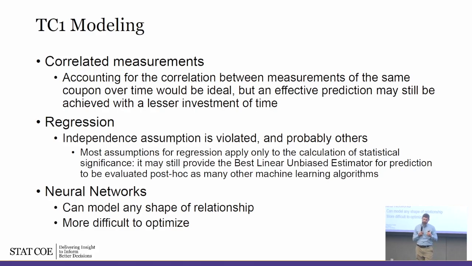However, we were on a bit of a tight time schedule, and we also had test case 3 coming later to verify anything that we thought we saw in test case 1. Also, most of the assumptions for regression are really focused on the validity of a significance test. And even if you violate those assumptions, it can still provide the best linear unbiased estimator.